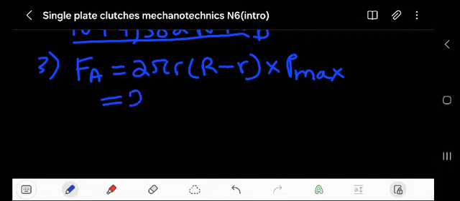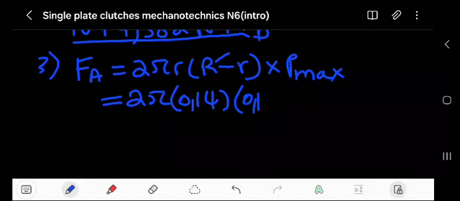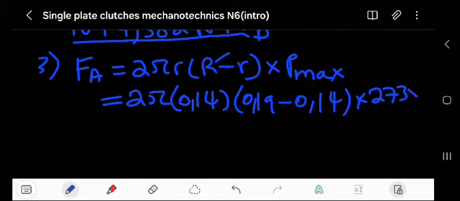Okay, here is 2 pi. Our small r is 0.14. Then the big radius is 0.19 minus 0.14. Then the pressure, they said we use the same one, which is 210 multiplied by 10 to the power of 3.